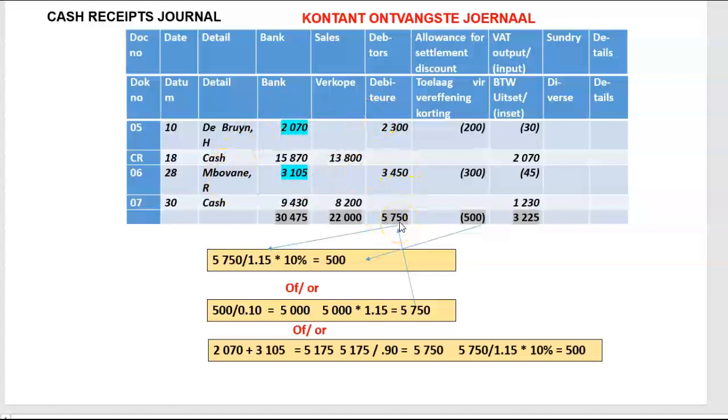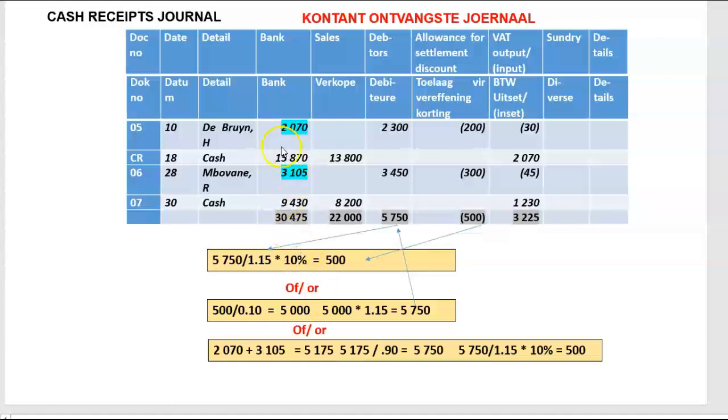But I tell you that the amount received was not 5750. The amounts that we received, which was actually banked, that is the actual amount received: 2070 plus 3105 equals 5175. So I tell you that amounts received from debtors actually in our bank during the course of the month was 5175. And then I ask you the statement of financial position trade and other receivables.